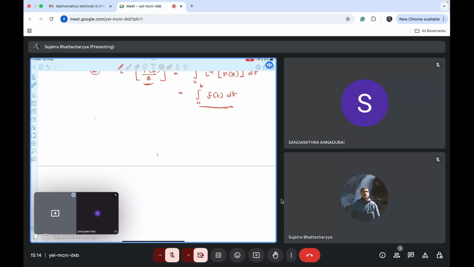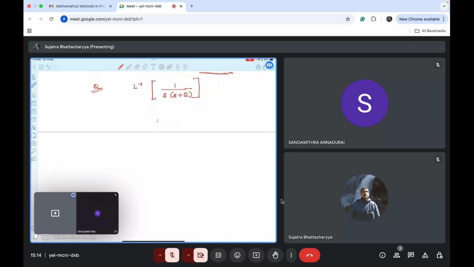Let me write it here only. Let us find out the inverse Laplace transform of 1 upon s plus 2. I'm giving a very simple example to illustrate this. You might get some complicated expression, but try to take this 1 by s outside, or try to take it common, and then try to solve the other things.